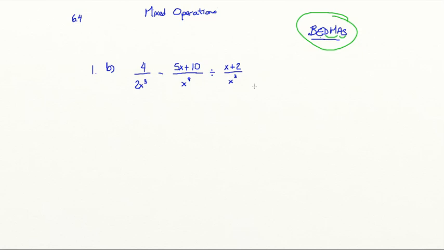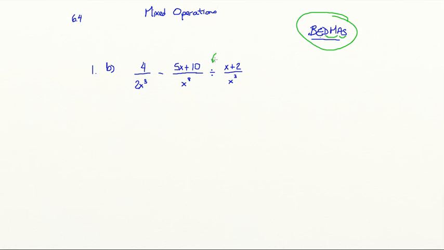1b, simplify. 4 over 2x cubed minus 5x plus 10 over x to the 8th divided by x plus 2 over x cubed. There aren't any brackets, and we don't have exponents that we need to distribute, so we're doing division and multiplication.